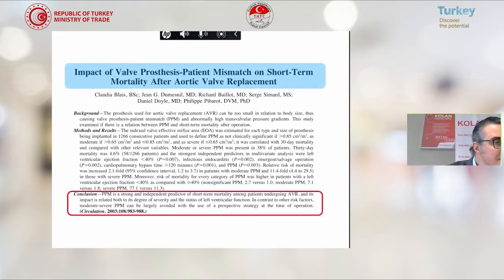The study examined the relationship between patient-prosthesis mismatch and short-term mortality after operation, and they found that patient-prosthesis mismatch is a strong and independent predictor of short-term mortality in patients undergoing aortic valve replacement.